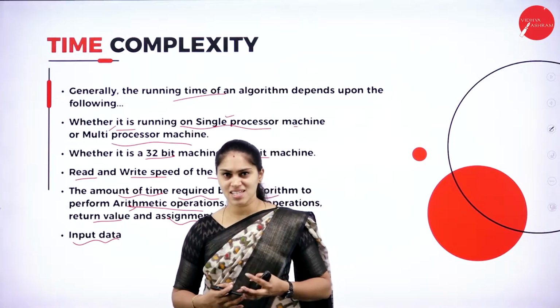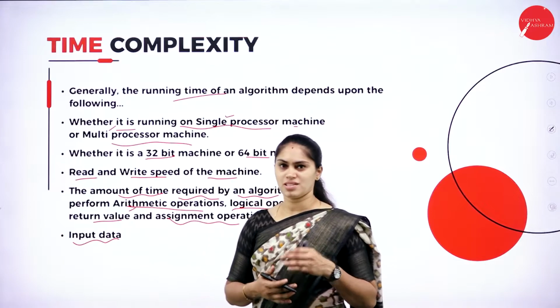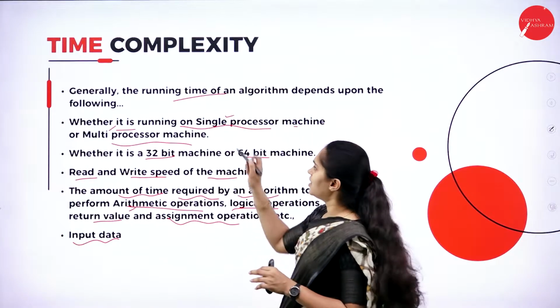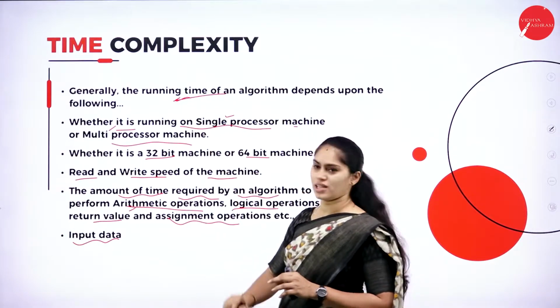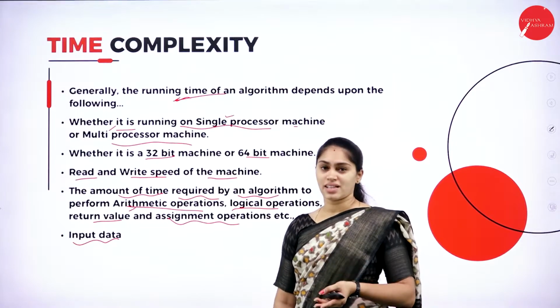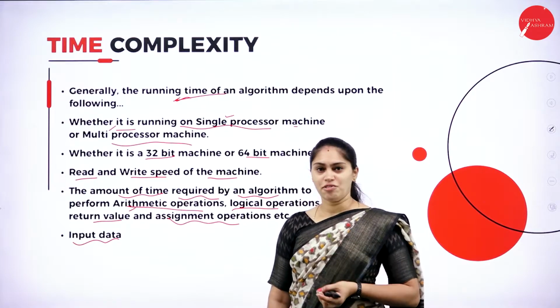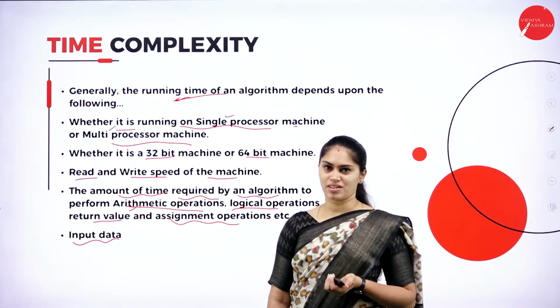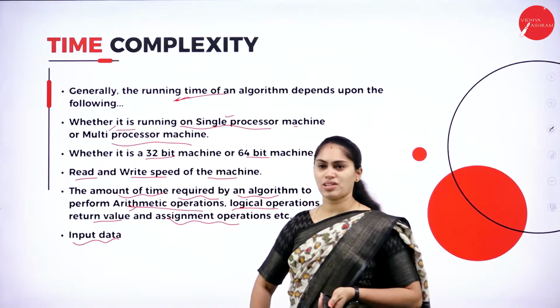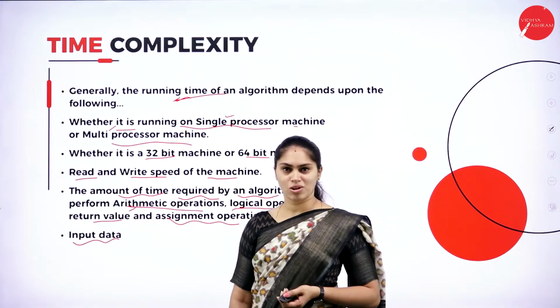How much time all those operations require defines the run time of an algorithm. If it is less, then we can say this algorithm is effective as well as efficient. These are the things you have to remember when it comes to time complexity.